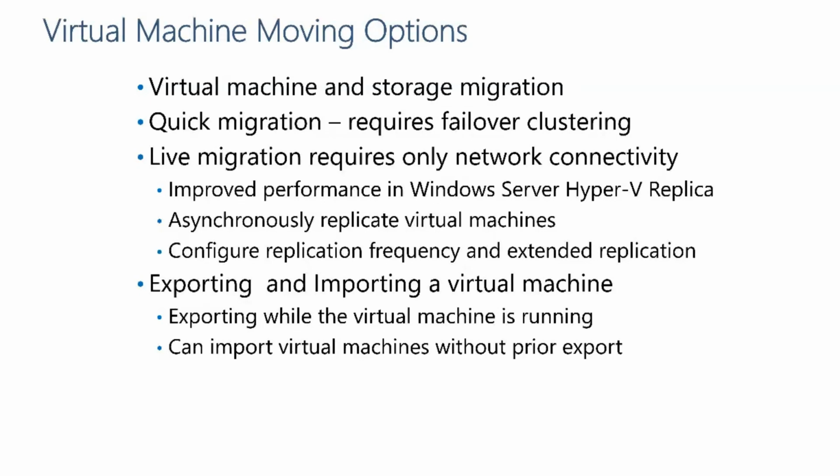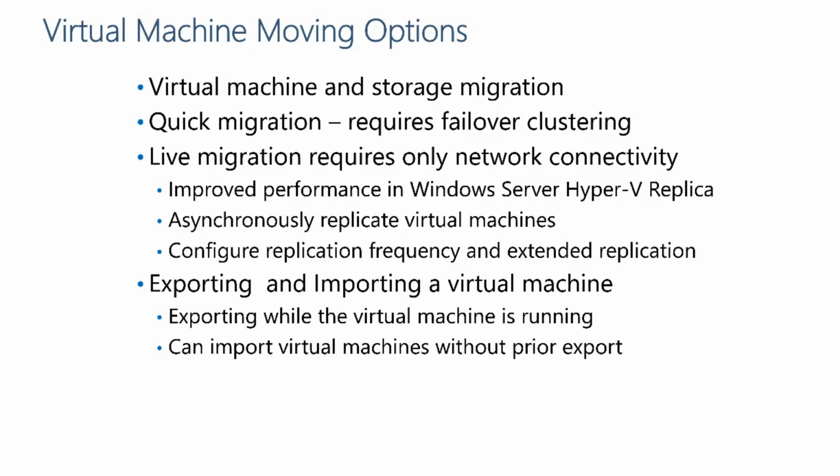Improved performance in Windows Server Hyper-V Replica: there's asynchronous replica of virtual machines, and we can configure replication frequency and extend replication. We can also export and import virtual machines, which is effectively what you guys do when copying to a portable hard drive, taking it to another system, copying onto there, and then turning it off. Okay, so that's possible, but that's not really ideal, is it?